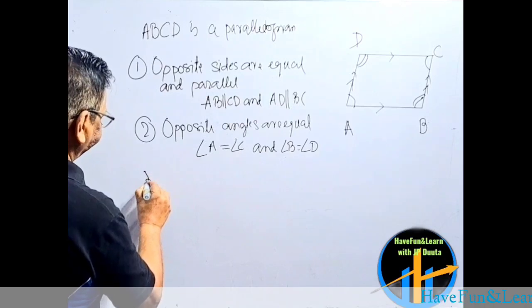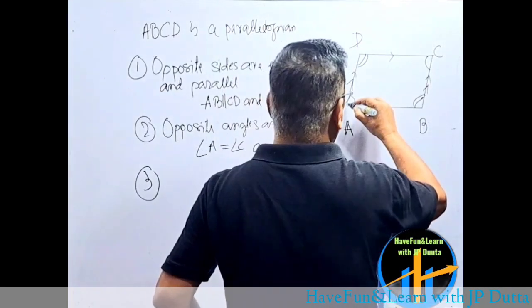Property number 3. We have two diagonals here.